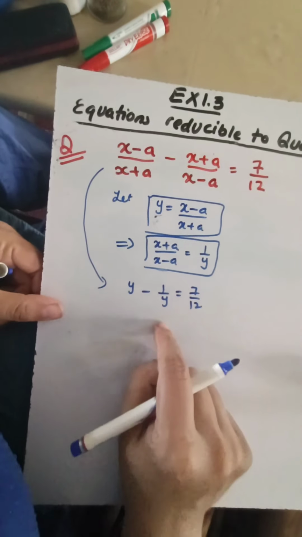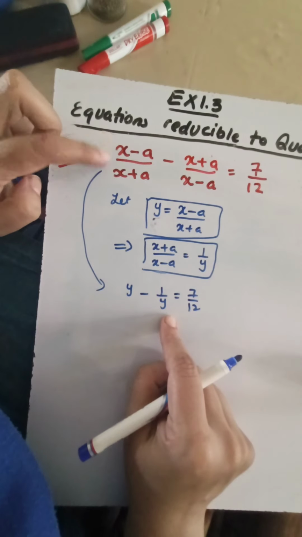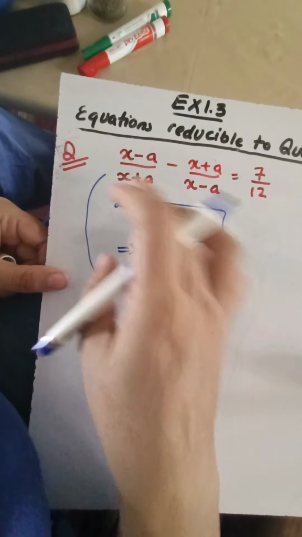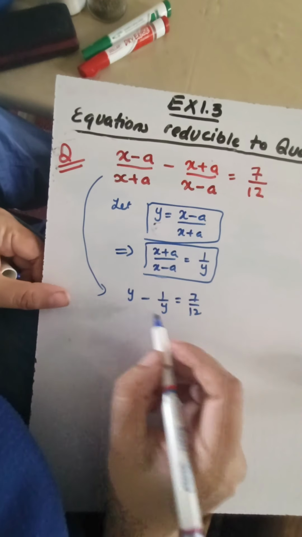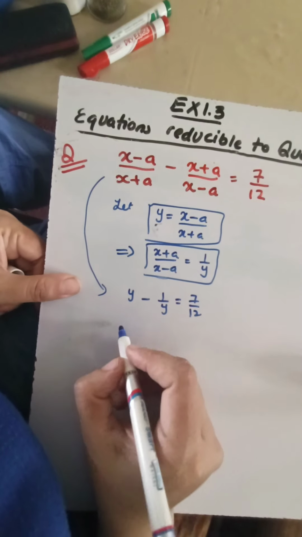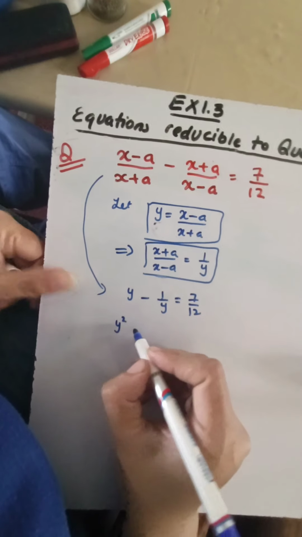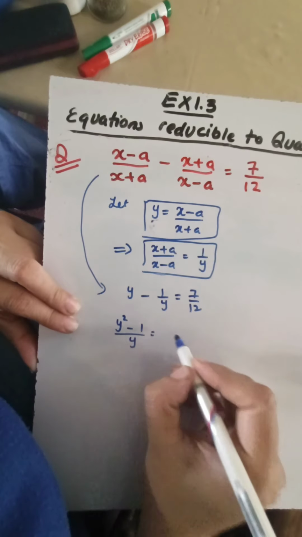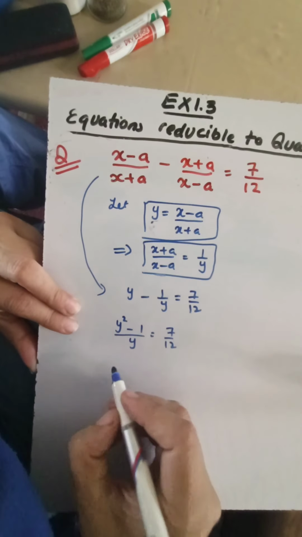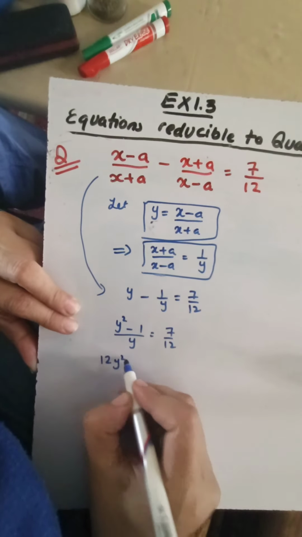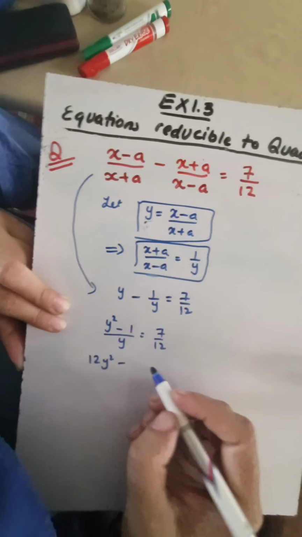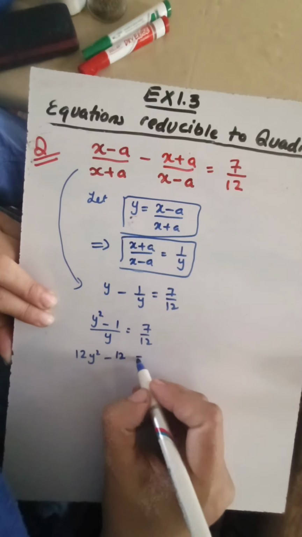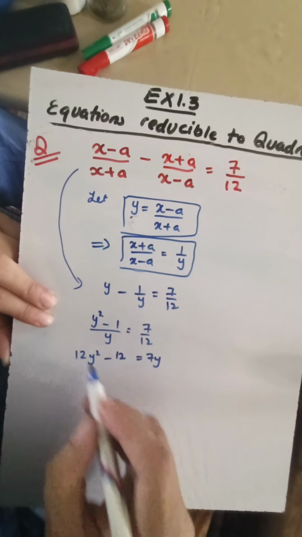Now as you may see, it was an equation which was disguised. It was a quadratic equation, but it was disguised by some expressions. If I take the LCM, we will get the required quadratic to solve this equation. Doing the cross multiplication, we get 12y square minus 12 is equal to 7y.